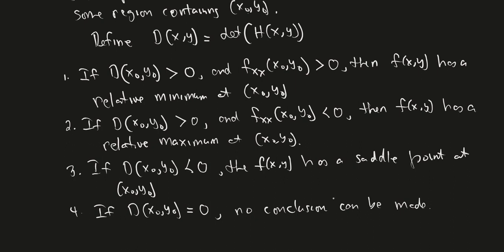We just don't know. And other techniques would have to be used, and those techniques go beyond the scope of this course. So if our D comes out to be 0, we're just going to say no conclusion can be made. And that's the theorem. So it's a pretty lengthy theorem, but it tells us everything that we need in order to find and classify all the possible critical points, right?